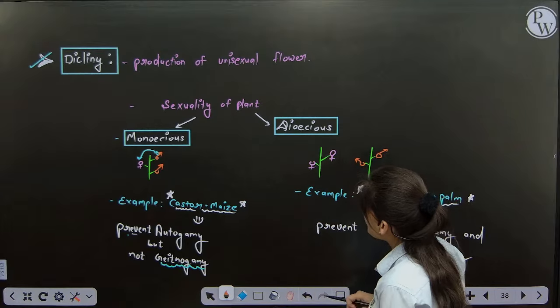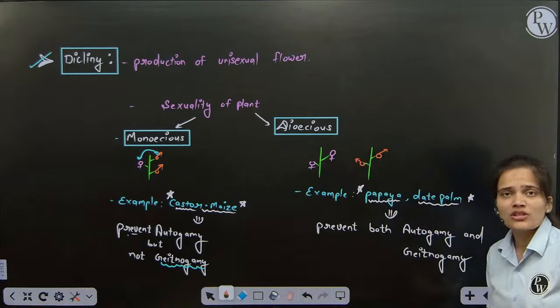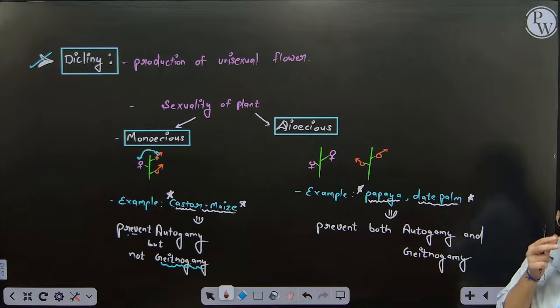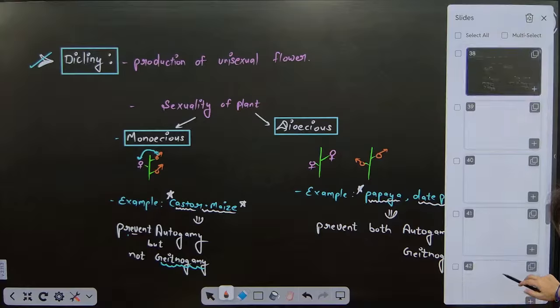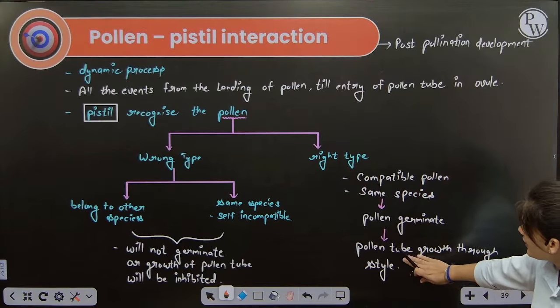What about geitonogamy? Geitonogamy is also prevented because male and female parts are present on different plants. So dioecious prevents both autogamy as well as geitonogamy. This is about our topic, outbreeding devices. So moving on to our next topic, that is pollen pistil interaction.